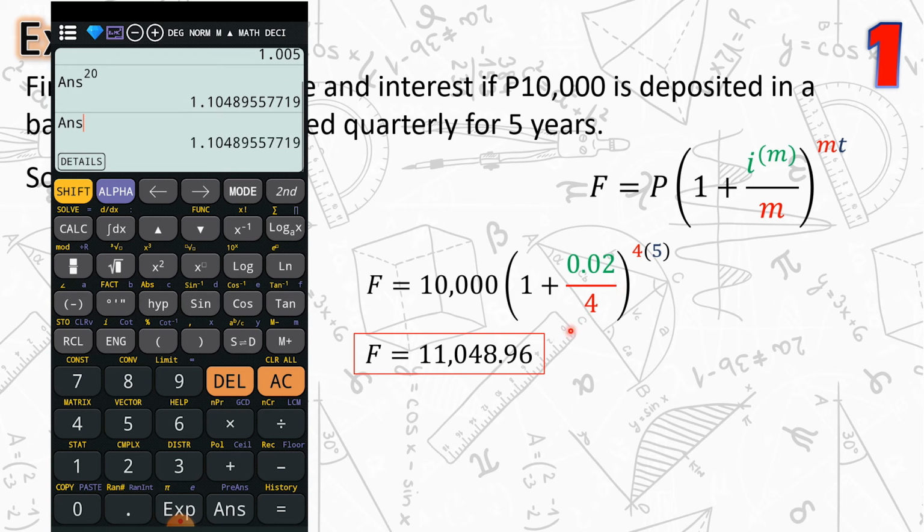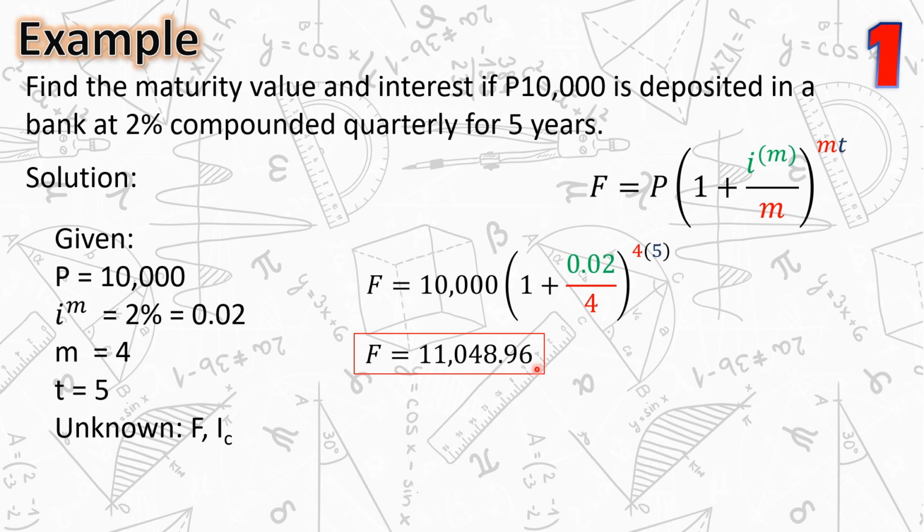We only do the rounding off for the final answer. Now we have the value until the exponent, multiplied by 10,000. Answer times 10,000. Press the equal sign. So we will get the same answer, that is 11,048 pesos and 96 centavos.